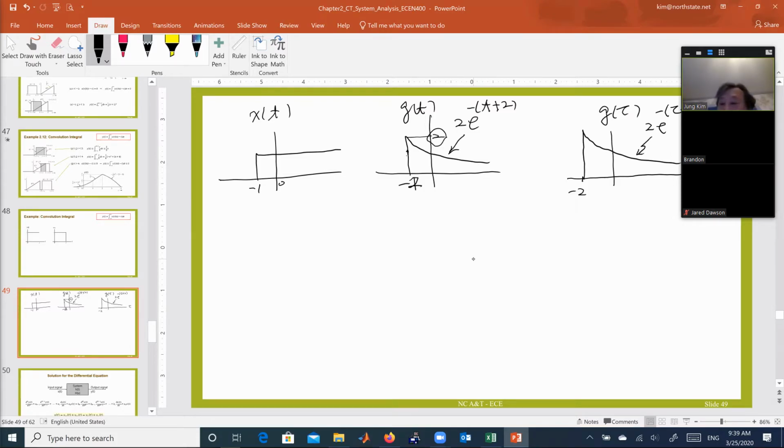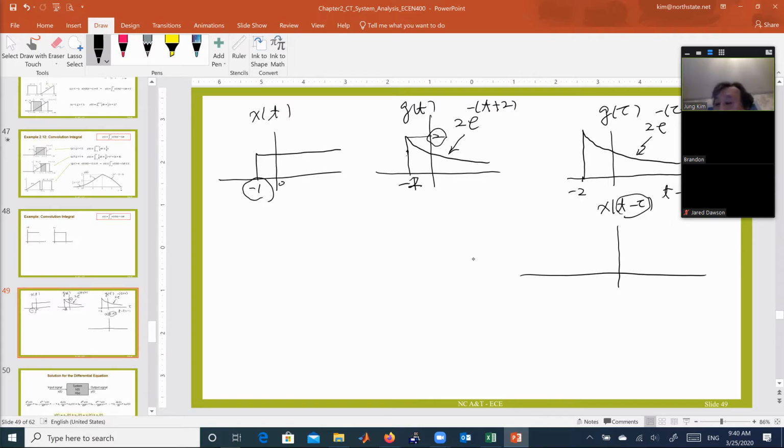Now we're going to change it to x of t minus tau. So you need to look at how this position moves. The position move is t minus tau, so t minus tau equals minus 1.